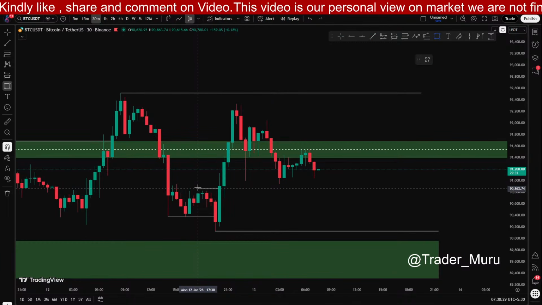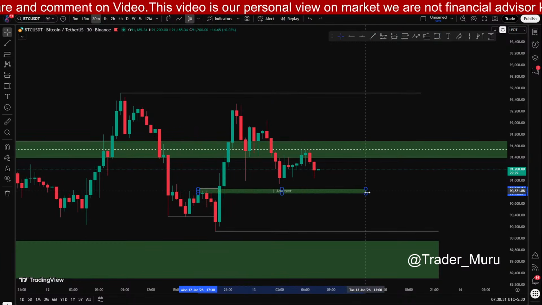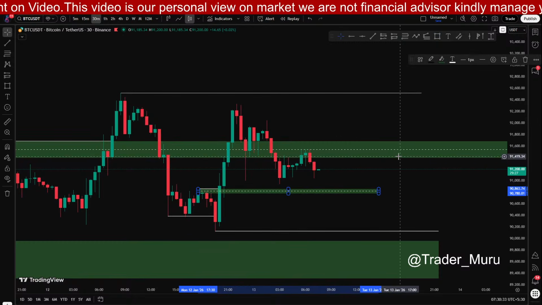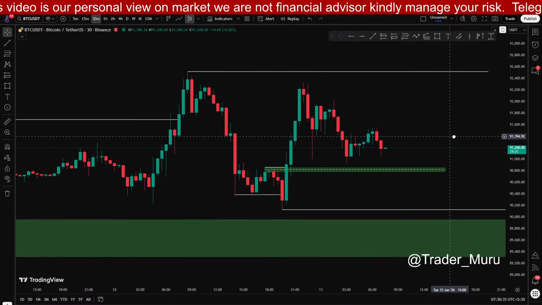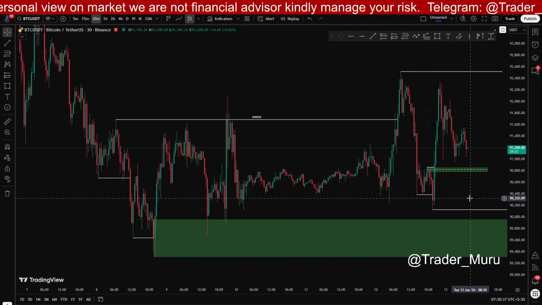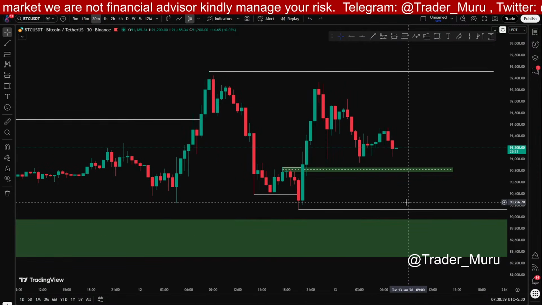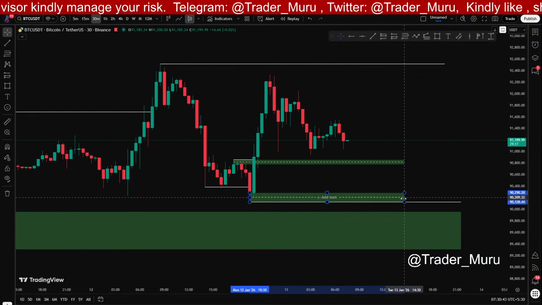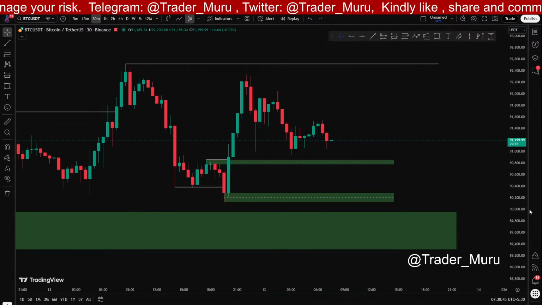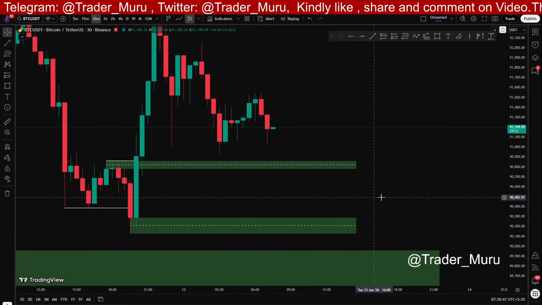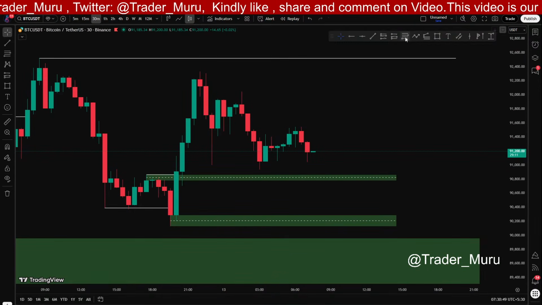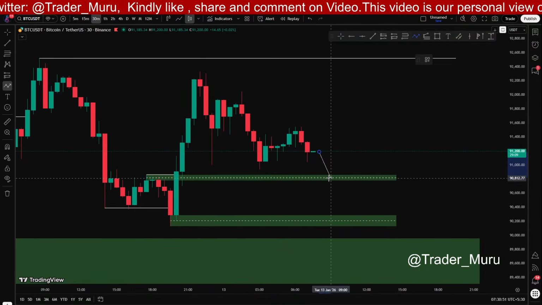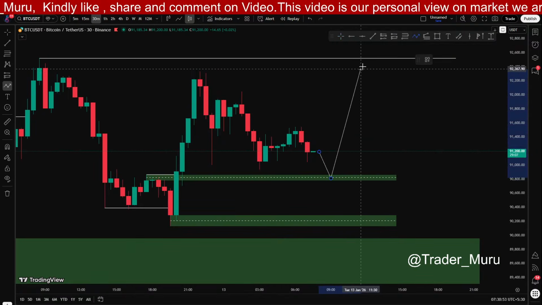So this is your first buy zone, and this is your second buy zone. From these two zones, you can expect BTC to pump again. First target will be this high, then this one.